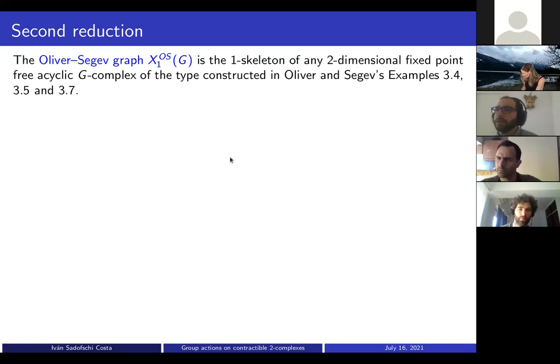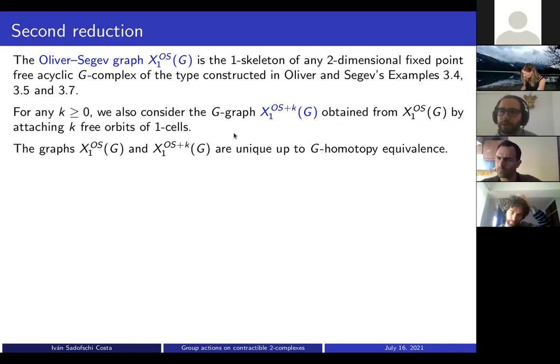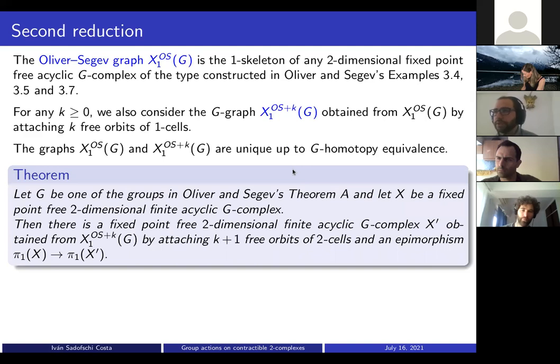We also consider a modification of this graph, which is obtained by attaching k free orbits of 1-cells. Again, there are many ways to attach these free orbits, but essentially there is just one way, because these graphs are unique up to G-homotopy equivalence. So now the second reduction is the following.